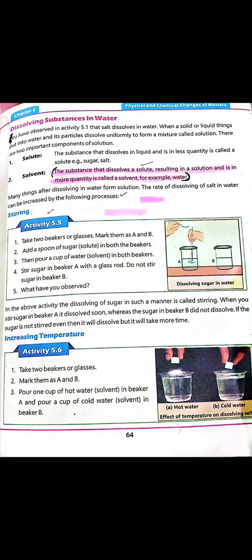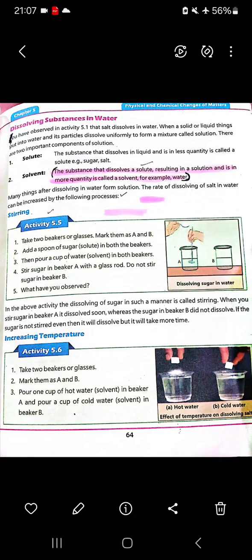Number one is stirring. If you are going to make a solution of sugar in water, so take two beakers. In one beaker, put sugar in water, and also in the second beaker, put sugar in water.